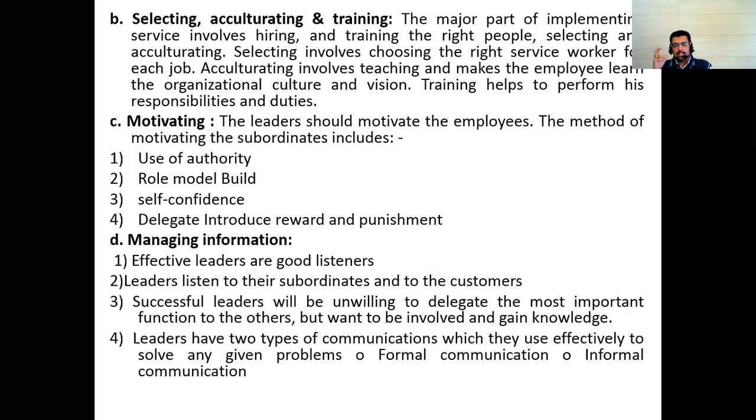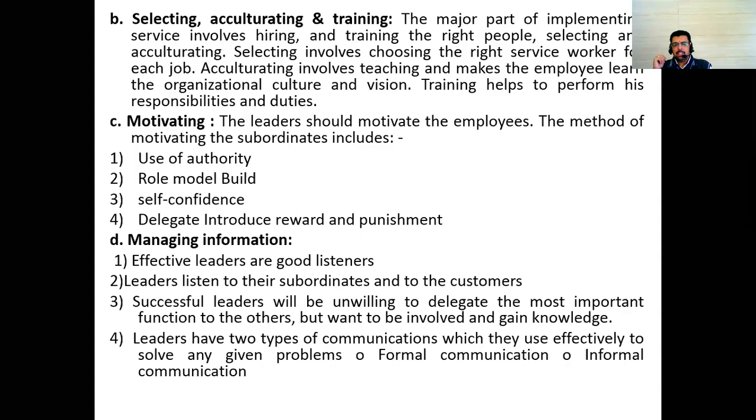As a leader, you have to be a role model: be ethical, be confident, take good decisions without discriminating against any person, communicate properly, take proper decisions on all the problems. That increases self confidence also. So delegate, introduce rewards and punishment. All these are the points coming under motivating.